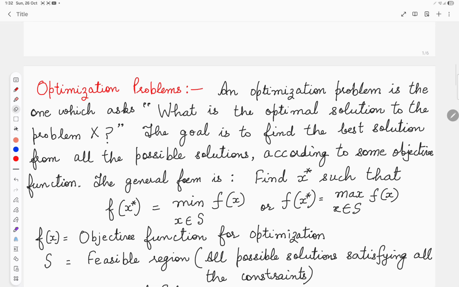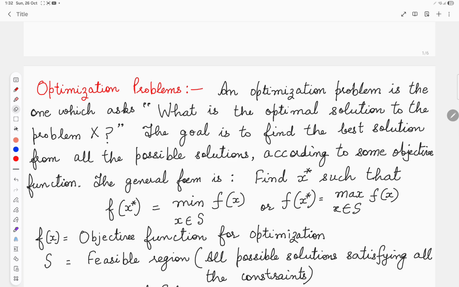Now there are two more types of problems that I would like to discuss here. One is optimization problems. An optimization problem is one which asks: what is the optimal solution to the problem X? What is the best solution to a certain problem X?